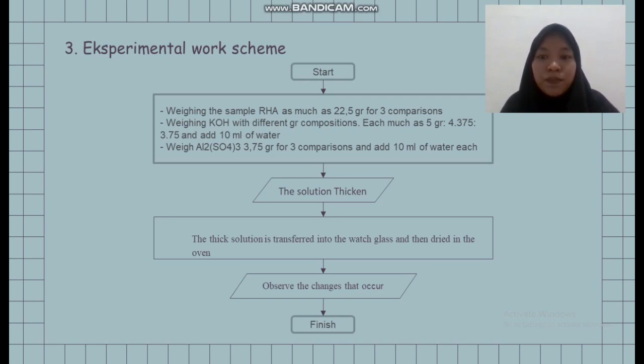Weigh aluminium sulfate, 3.75 grams for 3 comparisons, and add 10 ml of water each, and the solution is stirred. Each solution is transferred into a watch glass and then dried in the oven. Observe the changes that occur, and finish.